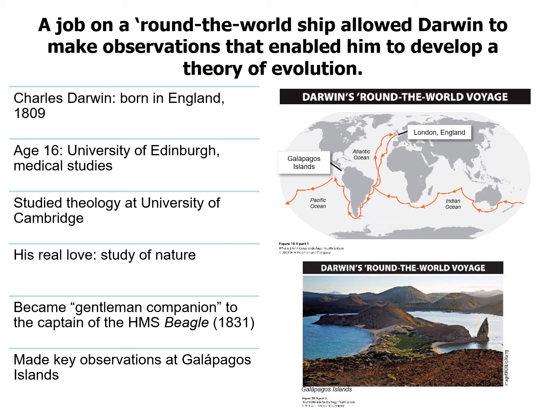From there, he met the captain of the HMS Beagle in 1831, where he became the gentleman companion of the captain, which is to say sort of like a hired best friend is the best way I can describe it. It's nothing romantic.